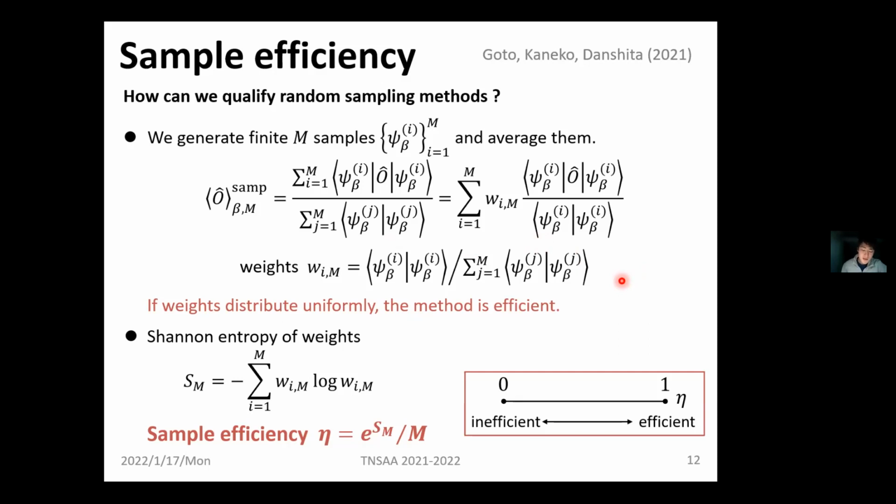To evaluate the variance of the weight, they introduced the Shannon entropy of the weight, S_M, and defined sample efficiency eta as exponential of S_M over M. If eta is nearly equal to 1, the method is efficient, and if eta is nearly equal to 0, the method is inefficient.